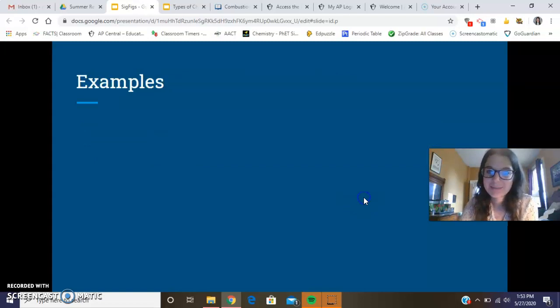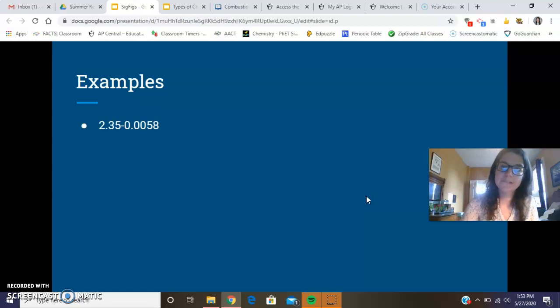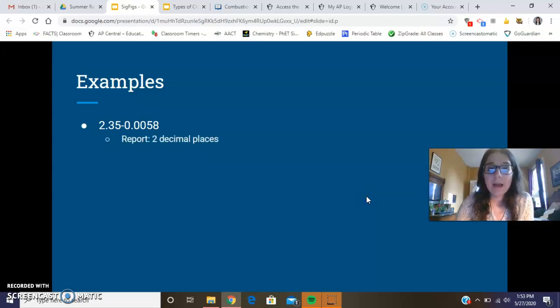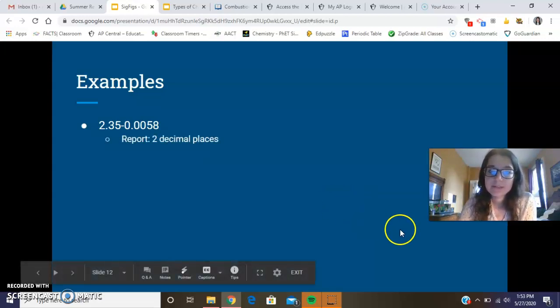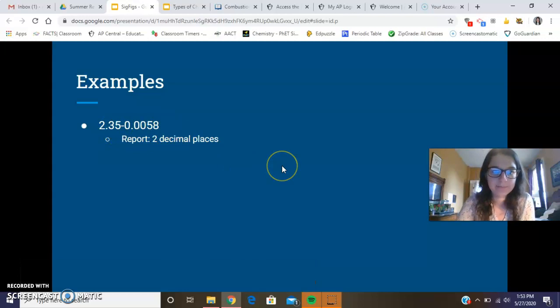So here are some examples. If we have 2.35 minus 0.0058, I plug that into my calculator or do written math. I'm going to report to 2 decimal places, and I know that because 2.35 has 2 decimal places, and this one has 4. 2 is less than 4.